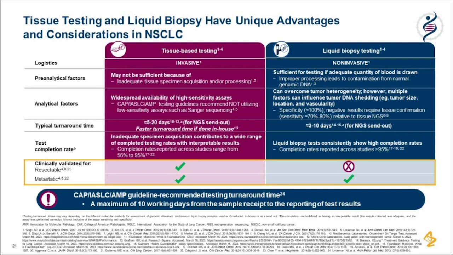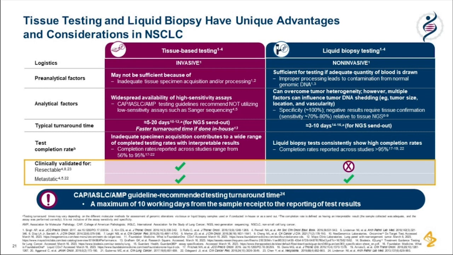With the liquid biopsy, plasma testing, it's hard to make sure, but you need a sufficient quantity of DNA within the blood that's actually drawn. There's also a possibility of improper processing, because the sample collected also needs to be properly processed.